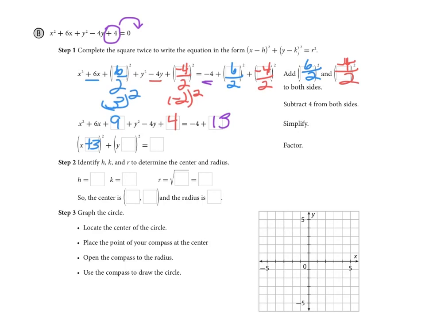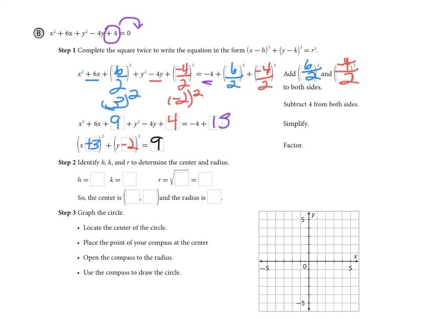So that's going to be y minus 2 all squared. And notice that the combination of the two, the 4 that was there to begin with, and the 13 that we balanced it out with, 9 plus 4, gives us 9. And that is our r squared.